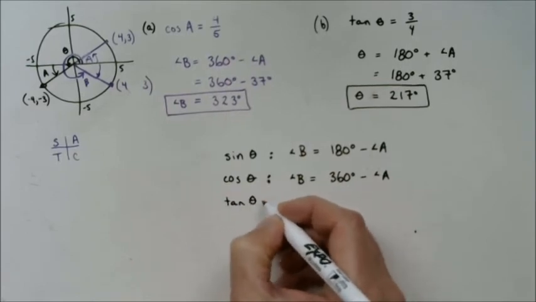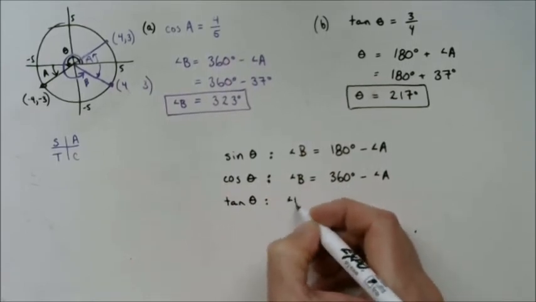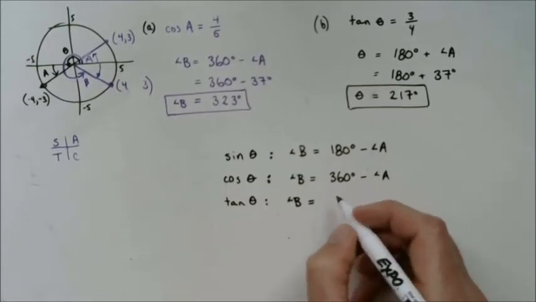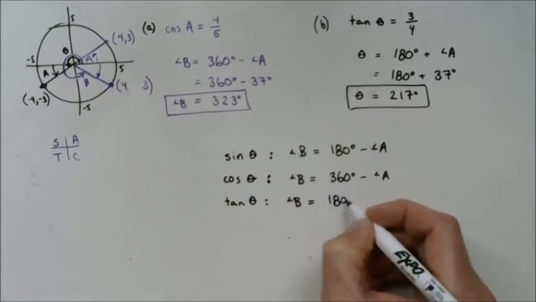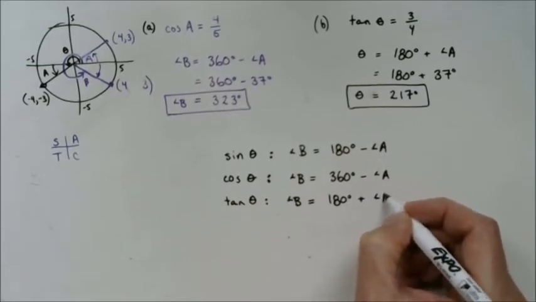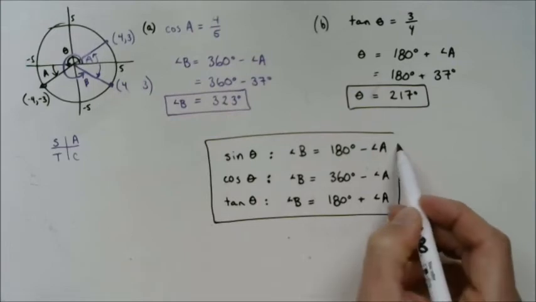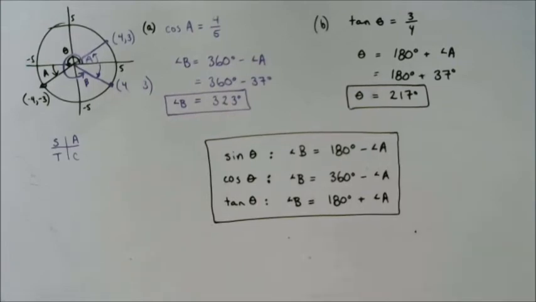And when you're working with tangent, you've already found angle A, then you know that angle B is going to be 180 degrees plus angle A. So go ahead and copy those down, put a box around it, put a big star, and that will help you loads in your homework.